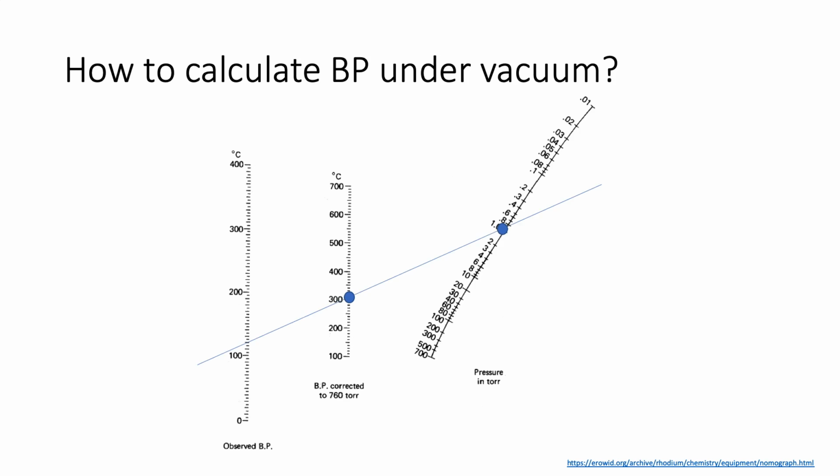And then you can find out that your boiling point at reduced pressure would be somewhere around 120 degrees. So you can see that by reducing the pressure significantly, we can also significantly reduce the boiling point so we don't have to heat it up as much, and we can reasonably get to these temperatures in the lab. Any questions about how to use that? It's pretty straightforward.